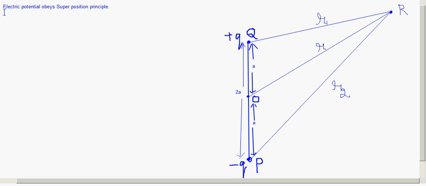So the total electric potential due to the electric dipole as a whole would be the sum of the electric potential due to both the charges plus q and minus q.